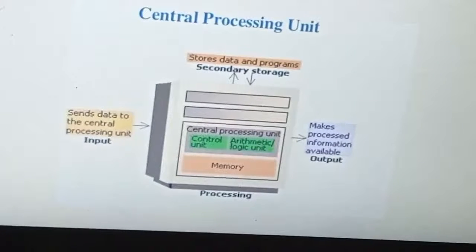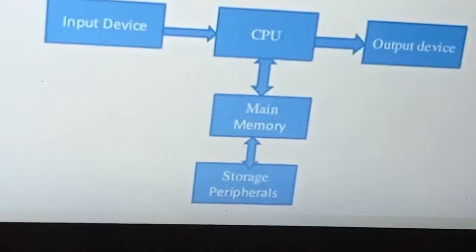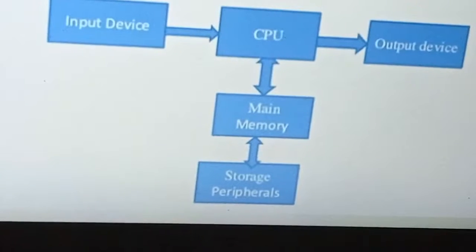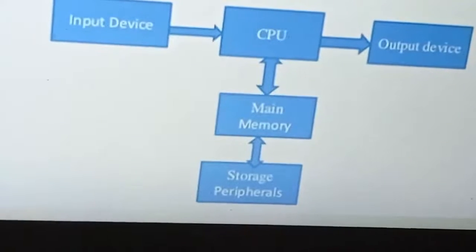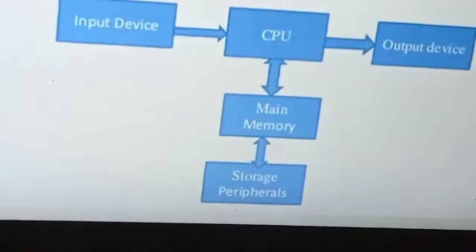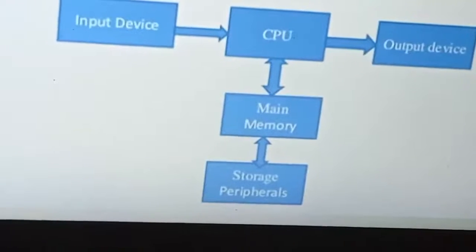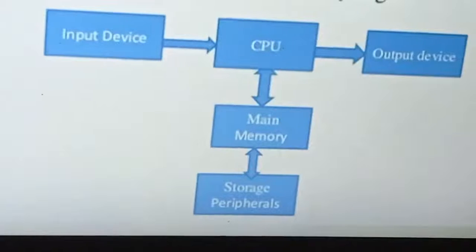This is the block diagram of a computer: input devices, output devices, storage with primary memory and secondary storage, and CPU, which gives information about the block diagram of a computer.